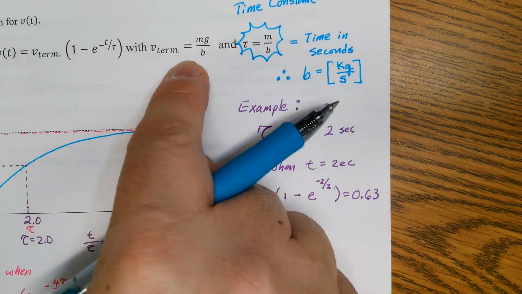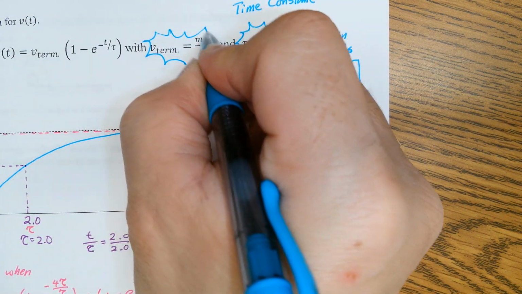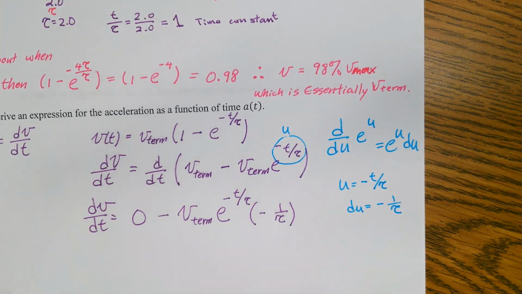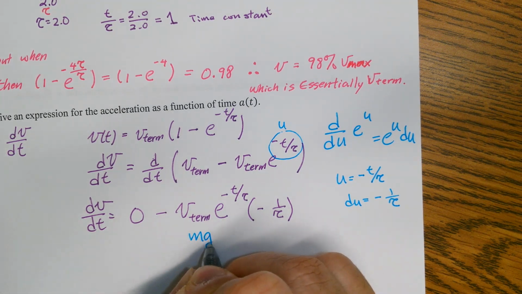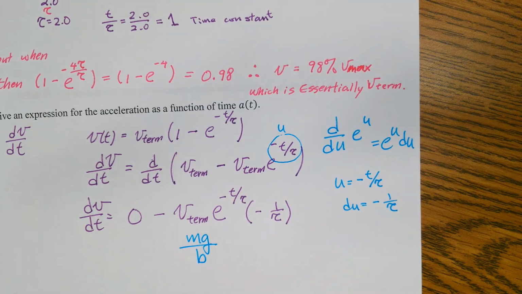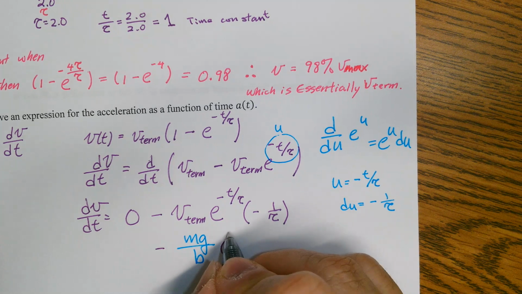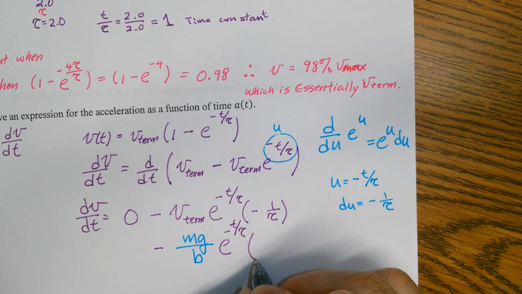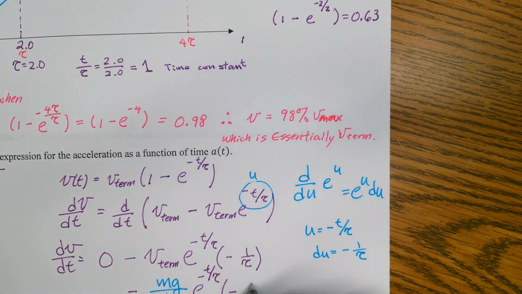V terminal, we said right here, is mg over b, right? So here, this is mg over b, negative, times e to the negative t over tau, times negative 1 over tau, and tau is m over b, so 1 over m over b.